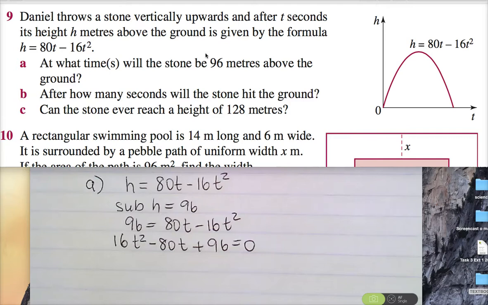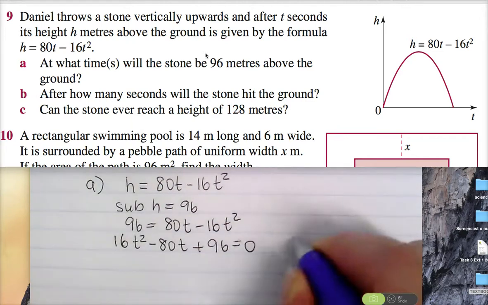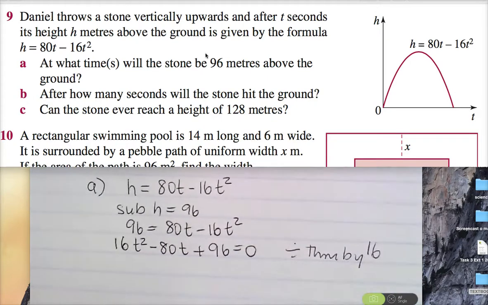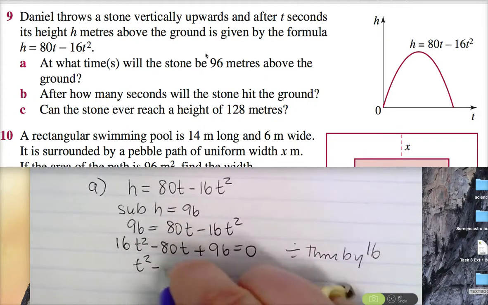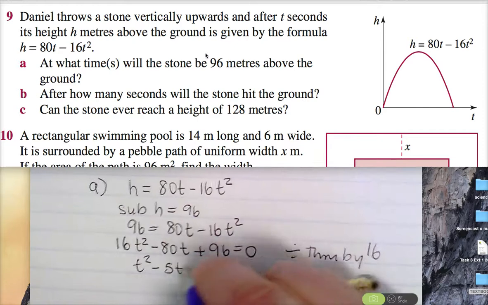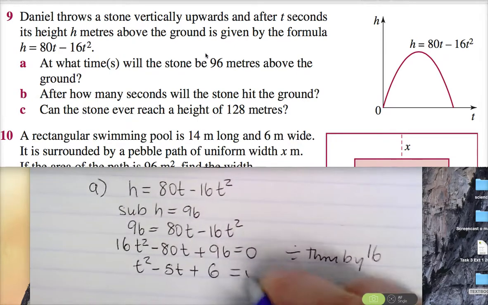You can, but just check with 96. 32, yeah, it's 6. So girls, all of those numbers can be divided by 16. So we're going to divide through by 16 because it makes it easier to factorize, and you get t squared minus, what's 80 divided by 16? 5. Plus 6 equals 0.